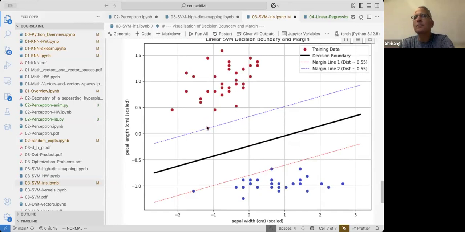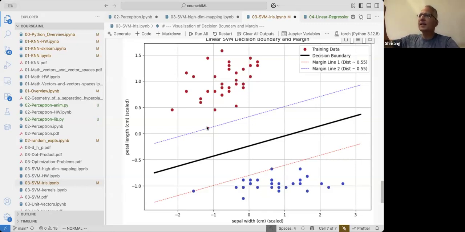So if you looked at the formula, the objective function was minimize W transpose W plus C times the sum of the slack variables.